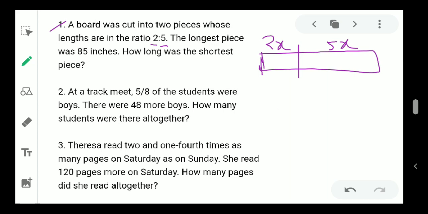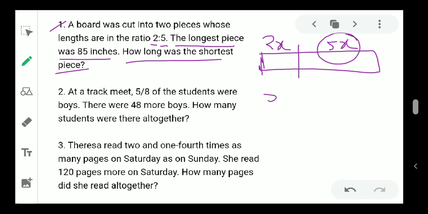So that means x was multiplied with those two numbers before. The longest piece was 85 inches. How long was the shortest piece? The longest piece, that means 5x.